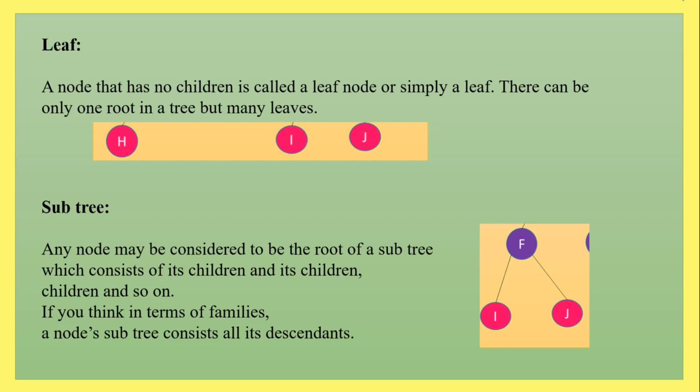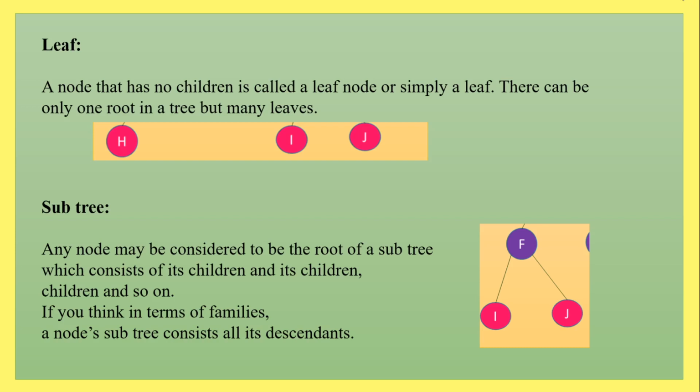Subtree. What is a subtree? We have already defined a tree. A part of a tree is considered a subtree. Any node may be considered to be the root of a subtree. It consists of its children and so on. A subtree of a node consists of a child node and all its descendants.